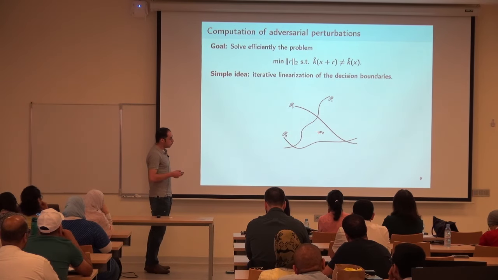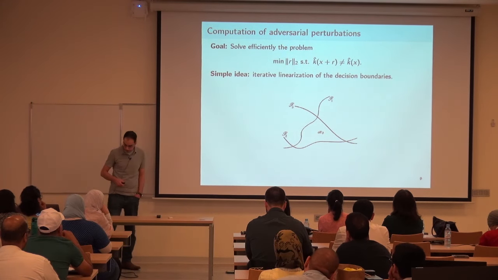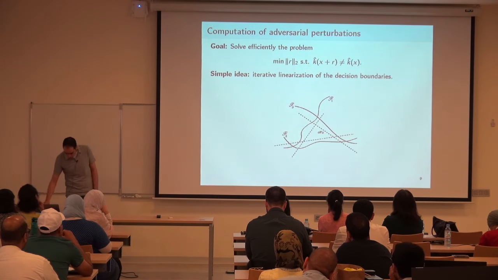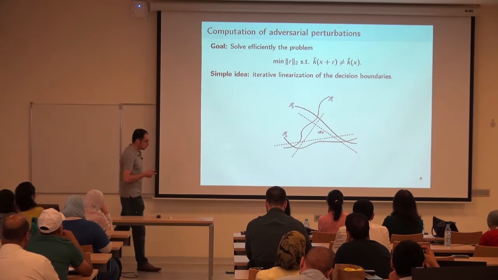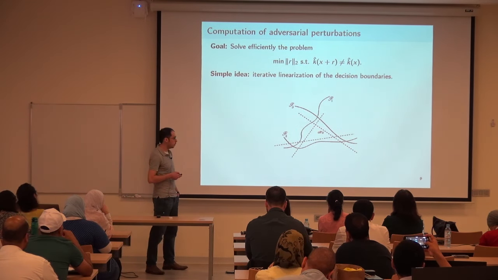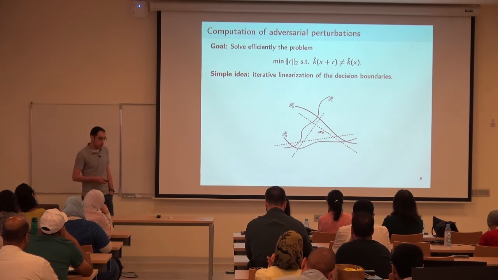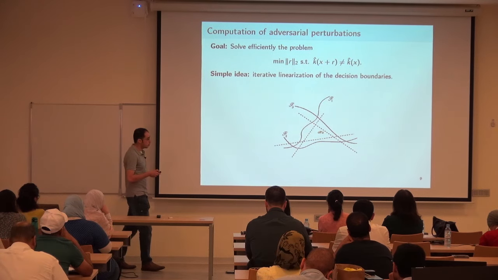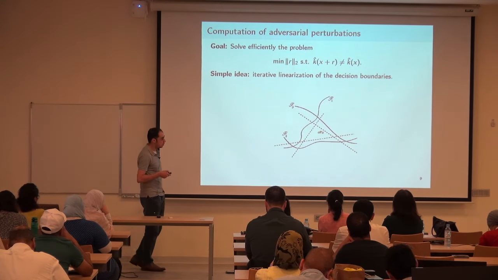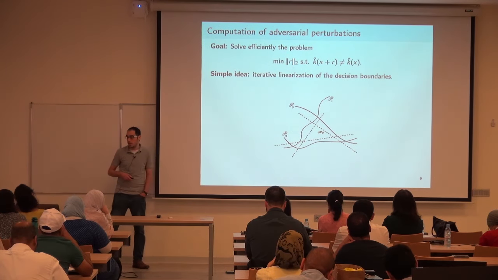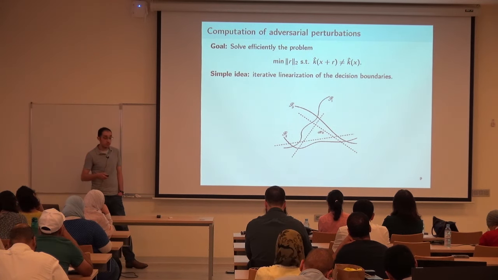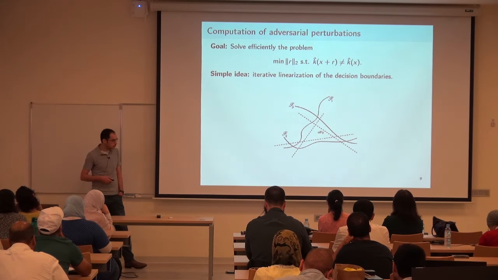You want to find the vector that goes outside of this classification region. So what you're going to do is linearize your classifier around x0, which results in a new classifier with new decision boundaries. These are the decision boundaries of the new classifier that is linearized around x0.